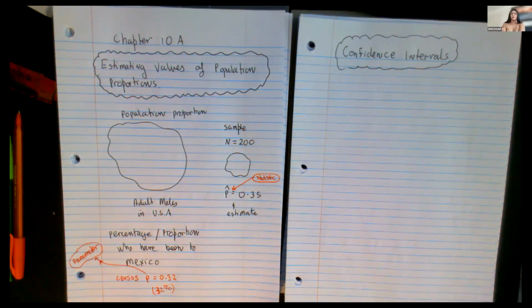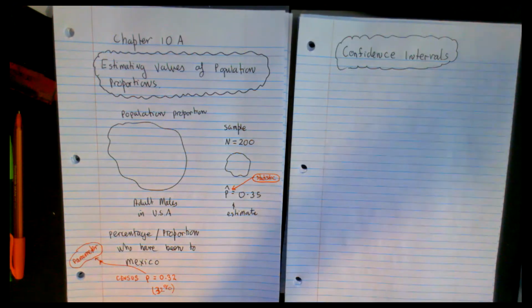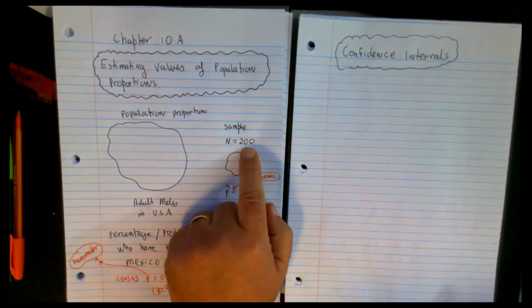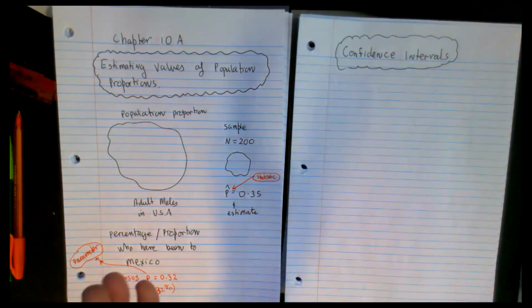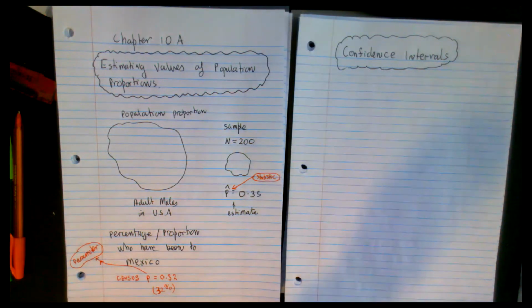So what we have here is, in statistics, we figure out a way to try and factor in the sample size. How do we use the fact that big sample sizes give you much more accurate answers than small sample sizes? And what we do is we create a thing called a confidence interval.